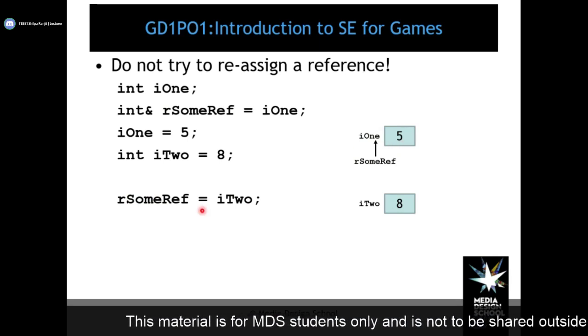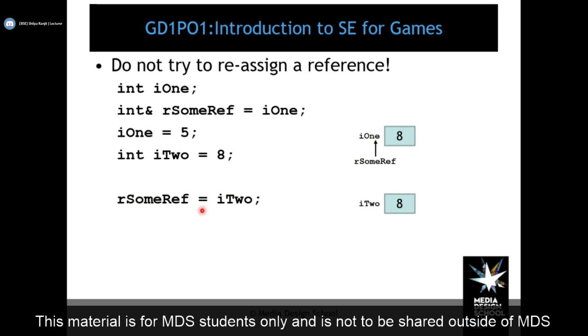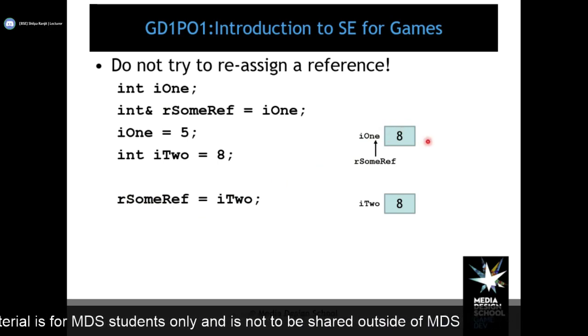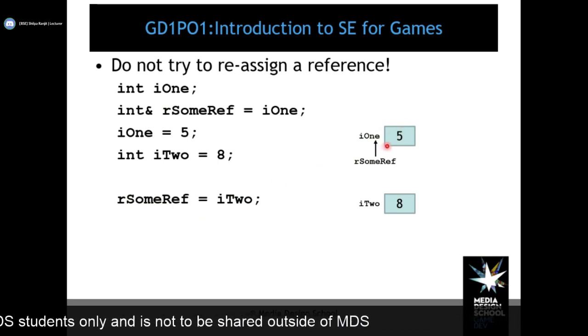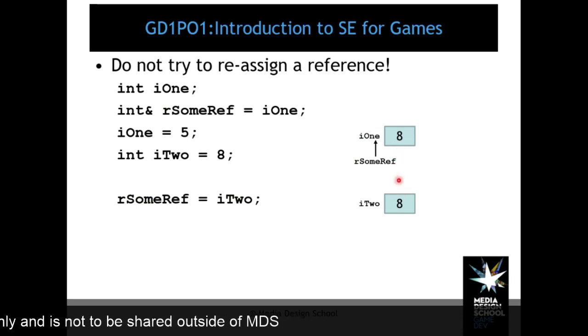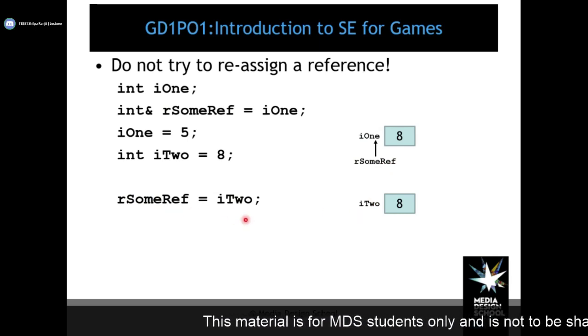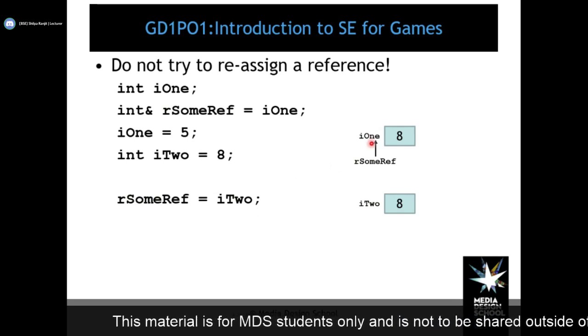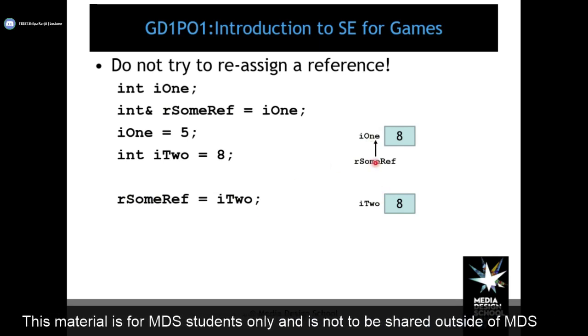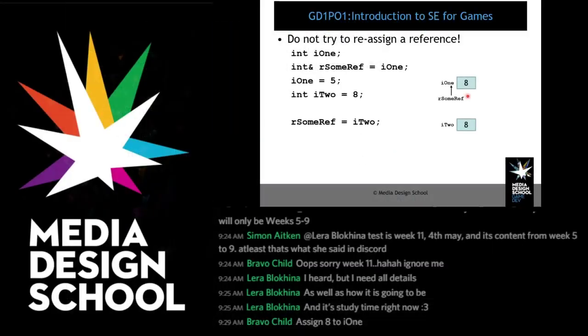All right. So this value that was 5, you can see the value 5 in there changes to 8. And that's what happens. So when I say something like rsumref is equal to I2, do not assume that rsumref is now going to be an alias name to another variable called I2. That is never going to happen. This statement rsumref is equal to I2 is the same as saying I1 is equal to I2, or I1 is equal to 8.